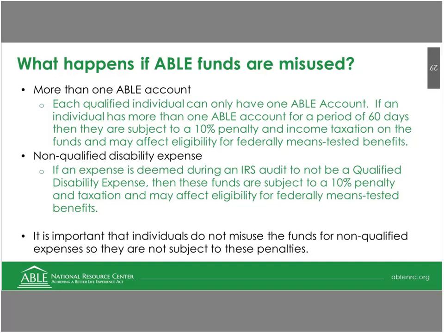If an expense is deemed during an IRS audit to be not qualified, then these funds are subject to a 10% penalty and taxation, and again will likely affect the eligibility for federally means-tested benefits. So it's again important to understand the penalties and consequences of misusing these funds, and not only with respect to potential tax consequences, but perhaps more importantly, the consequences related to the individual's eligibility for vital supports and services.